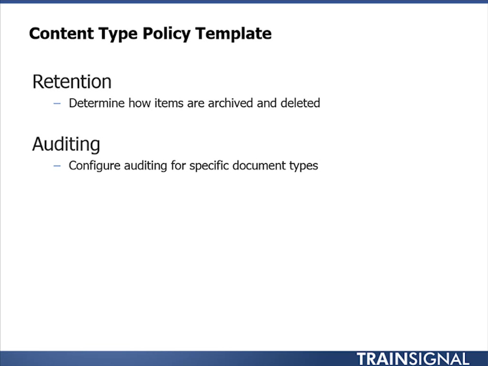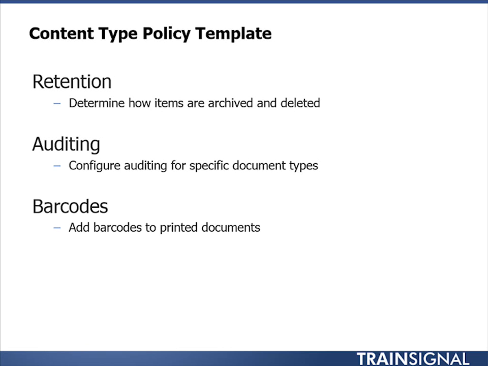In addition, I can set up auditing. So for example, one of the things that you may need to show, again for regulatory compliance, is not only who modified an item, but who read an item as well. So fortunately through auditing, I can have SharePoint write out to an audit log when items were accessed, be it read or write.